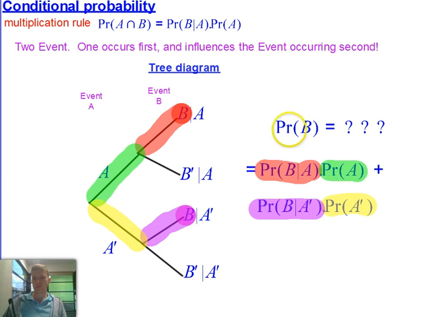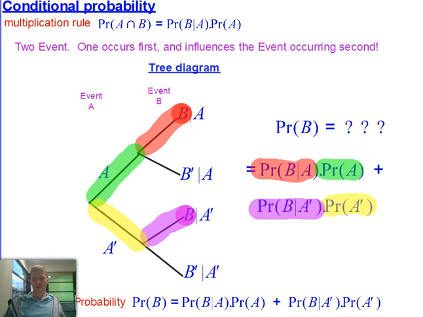So we get this combined multiplication rule. We're going to call that the law of total probability. It allows you to determine the probability of just a single event depending on conditional relationships of the two events occurring together, A and B.